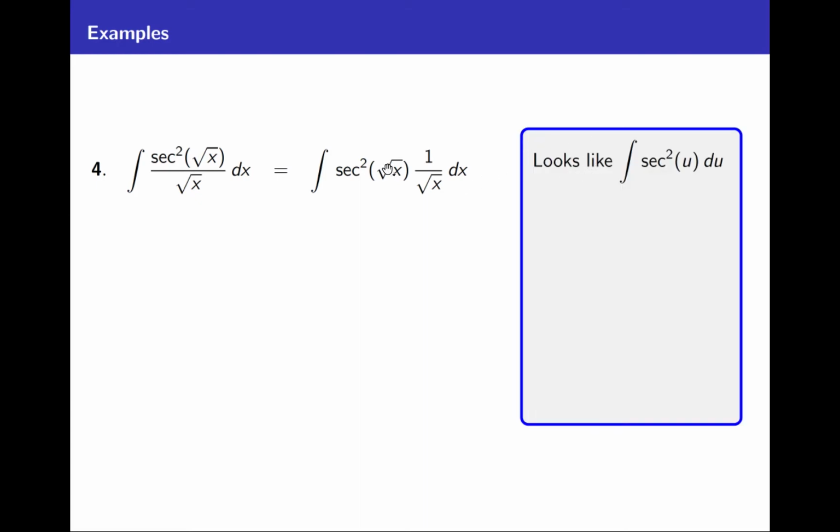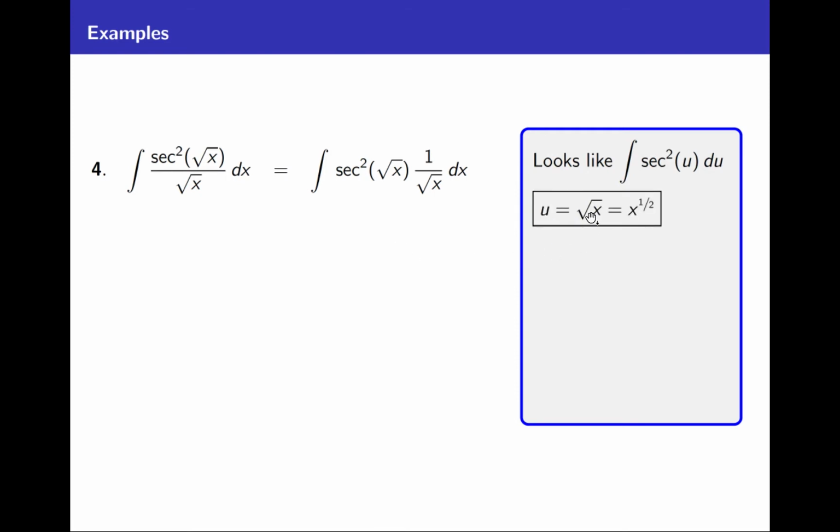And notice that that looks like the integral of secant squared u du. So let's see if we can use substitution to convert this integral into this familiar one whose answer is tangent of u plus c. Well, clearly what you'd want to do here is let u be equal to the square root of x, because that's what's inside secant squared.